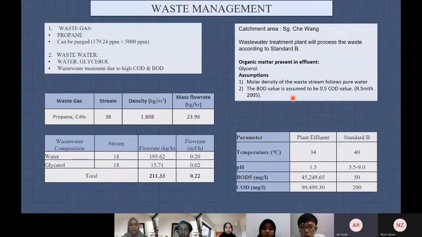So the parameters we will be testing are the pH, BOD and also COD, which is 1.5 for pH, 45,249.65 mg per liter for BOD, and 90,499.30 mg per liter for COD.